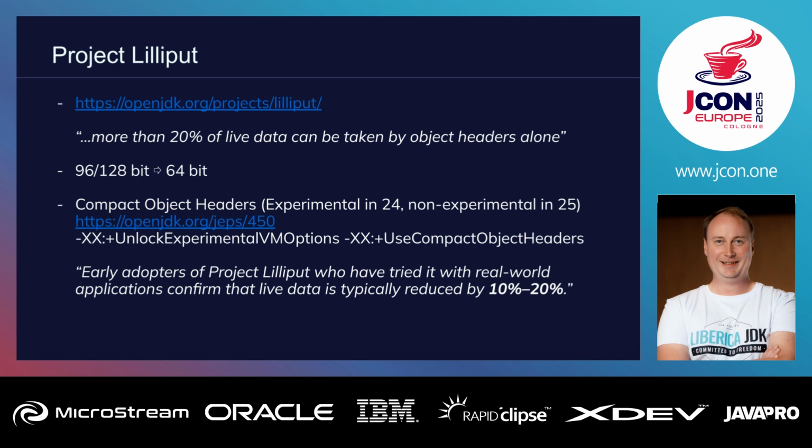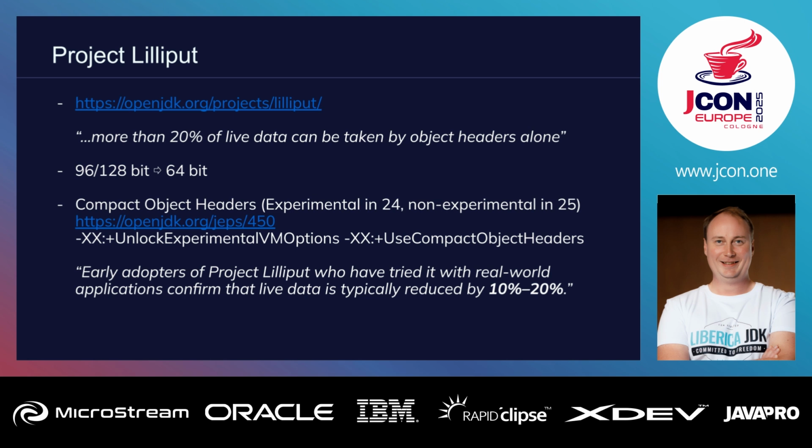Another project, which is already available in GA JDKs, Project Lilliput, aims to reduce the overhead that JVMs have for being a managed runtime. To be a managed runtime, you can't just have a pointer. You have a lot of meta information.